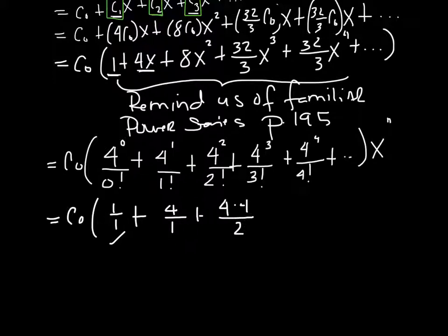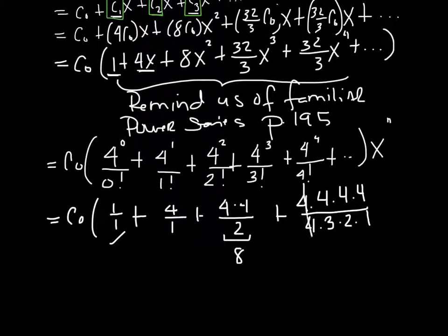And 16 halves is really 8. Similarly, 4 to the 4th is 4 times 4 times 4 times 4 over 4 factorial, which is 4, 3, 2, 1. We can do these. I have 16 times 2, which is 32 over 3, and that's exactly what I have right here.